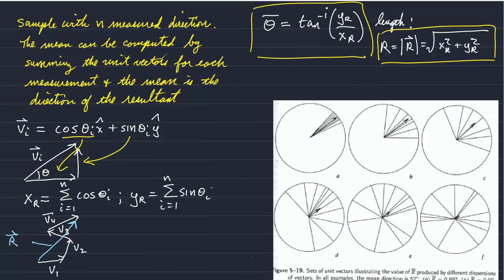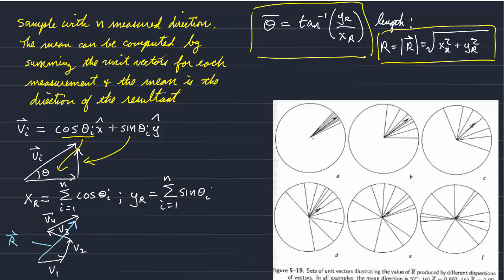So we have a mean, but the other aspect I'd like to point out is that the length of r is also reflective of the variance of the directions of the data set. So here's a set of examples in which the individual measurements are shown by the black lines.